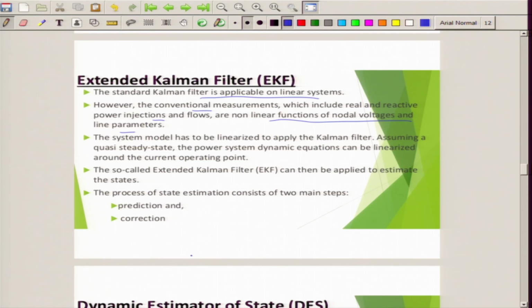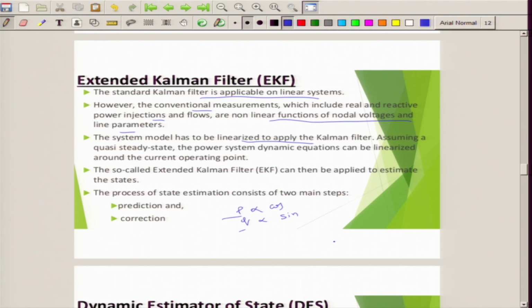Obviously, when we speak about active power and reactive power, they are functions of sinusoidal functions: active power involves a cosine function and reactive power a sine function, of terms like Vi, Vj, Yij, cosine(theta ij minus theta i plus theta j, alpha ij). So, these are sinusoidal functions, that means they are non-linear functions. So, the system model has to be linearized to apply the Kalman filter.